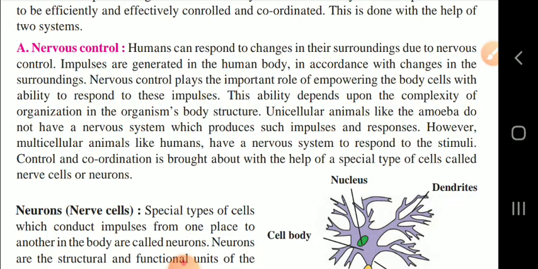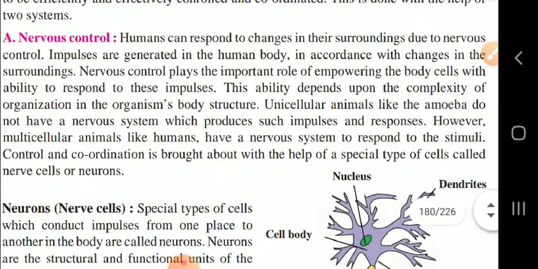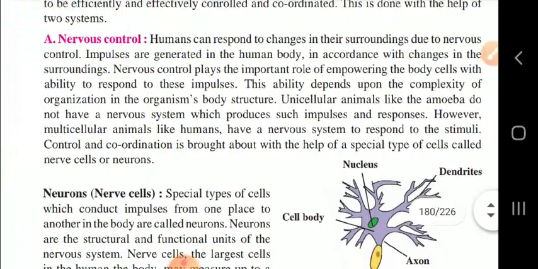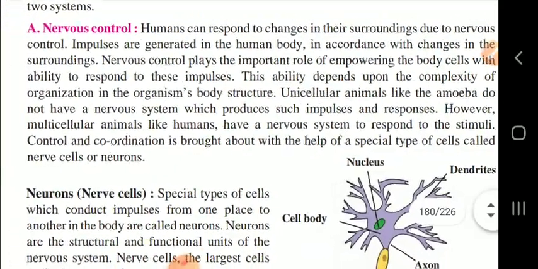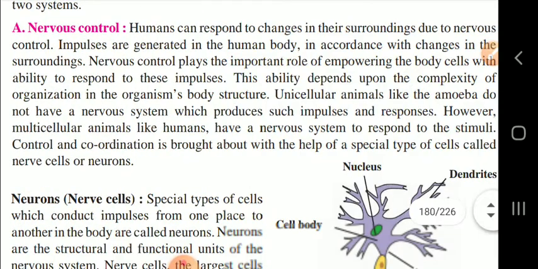Here we can see, children, that humans can respond to the changes in their surroundings due to the nervous control.